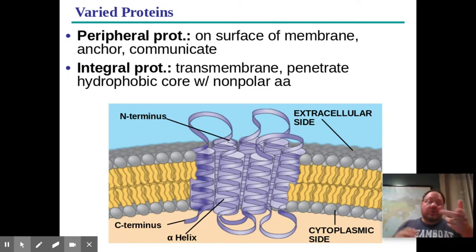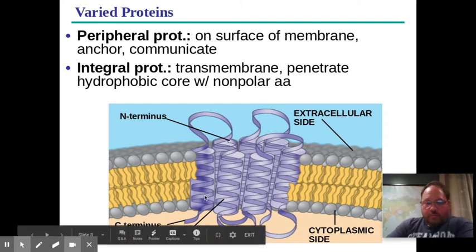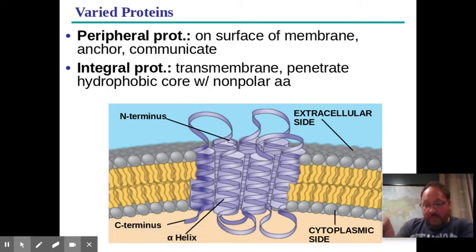So think about what you already know about a protein like that. If you look at that, these portions of the proteins, these domains that are the helices, what could you guess about their R groups? Exactly. Their R groups are nonpolar or hydrophobic. So nonpolar amino acids will make this integral protein stable in the membrane, embedded in the membrane.